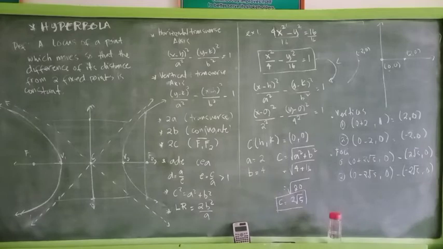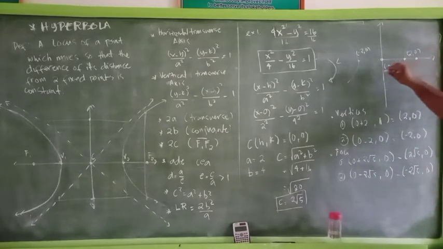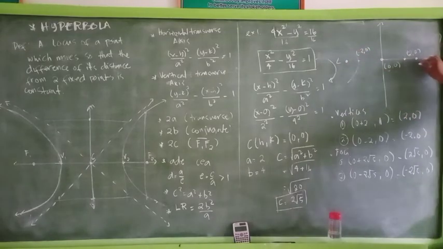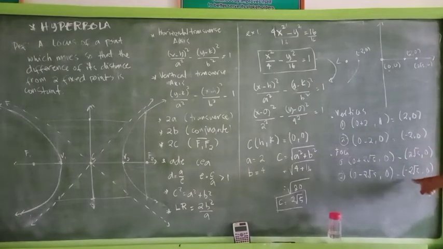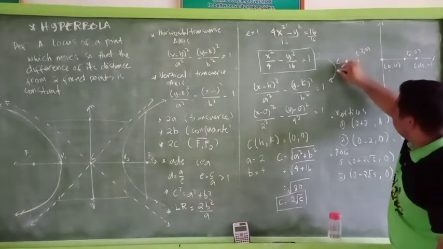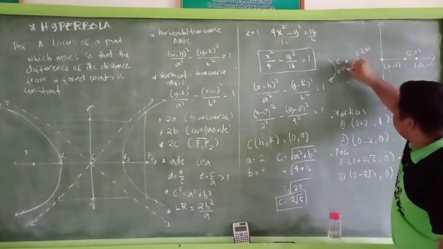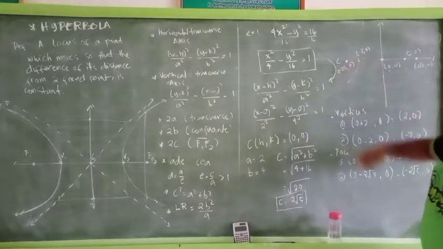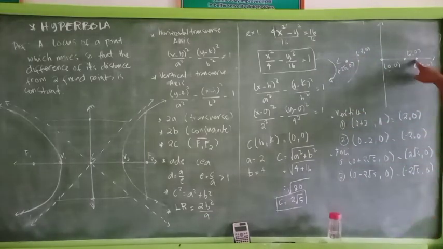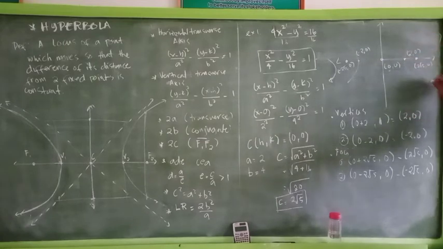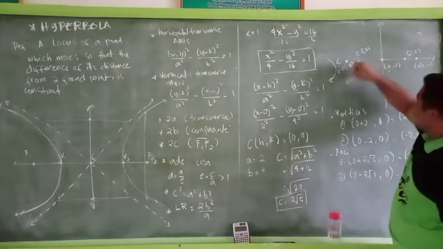Ganun. Nakuha. So, these points here, somewhere over here siya. So ito, magiging 2 square root of 5, 0 siya. Tapos, ito naman, magiging negative 2 square root of 5, 0. Itong point na to. By the way, yung focus natin, palagi siyang nasa loob ng graph natin.